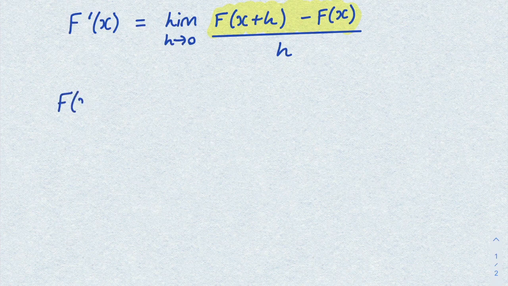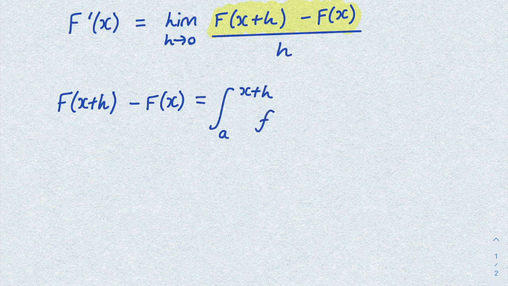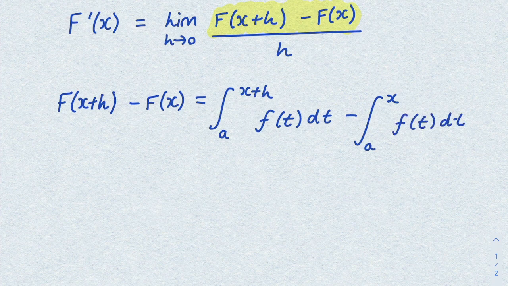So uppercase F of x plus h minus uppercase F of x equals, so for uppercase F of x plus h, we can use the definition of uppercase F, but instead of integrating from a to x, we're going to be integrating from a to x plus h. So the integral from a to x plus h of f of t with respect to t, and then we can just subtract the definition of F, which is the integral from a to x of f of t with respect to t.